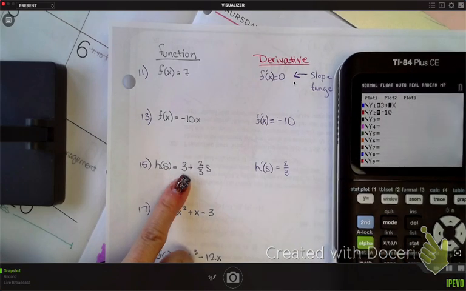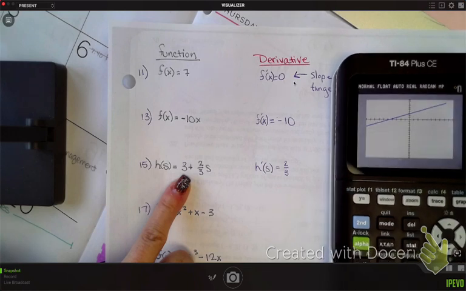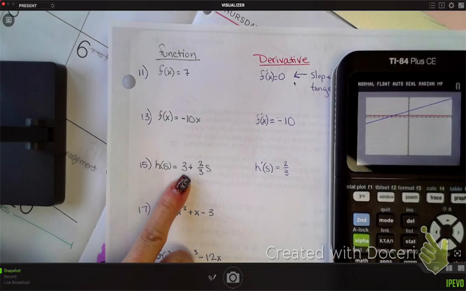So 3 plus 2 divided by 3 x. So there's the first line, and there's the derivative at 2/3. You get what I'm getting at? The derivative is a constant, so it's just a horizontal line on those.